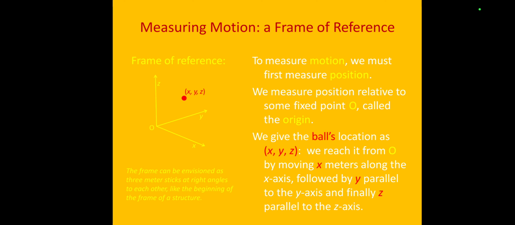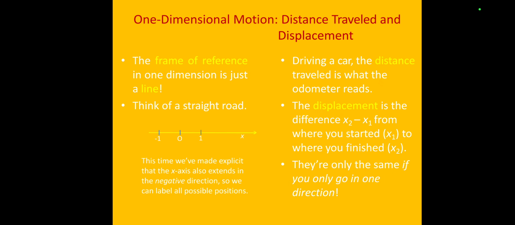So we measure position relative to some fixed point O called the origin. We give the ball's location as x, y, z. We reach it from O by moving x meters along the x-axis, followed by y parallel to the y-axis, and finally z parallel to the z-axis.